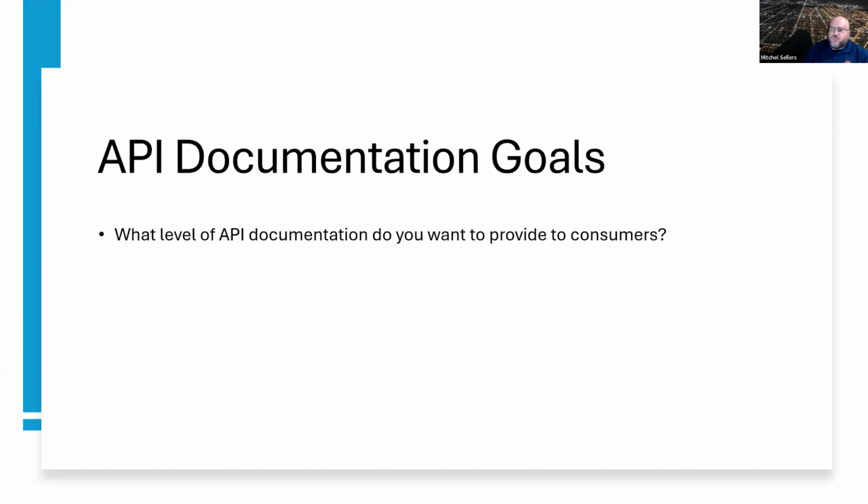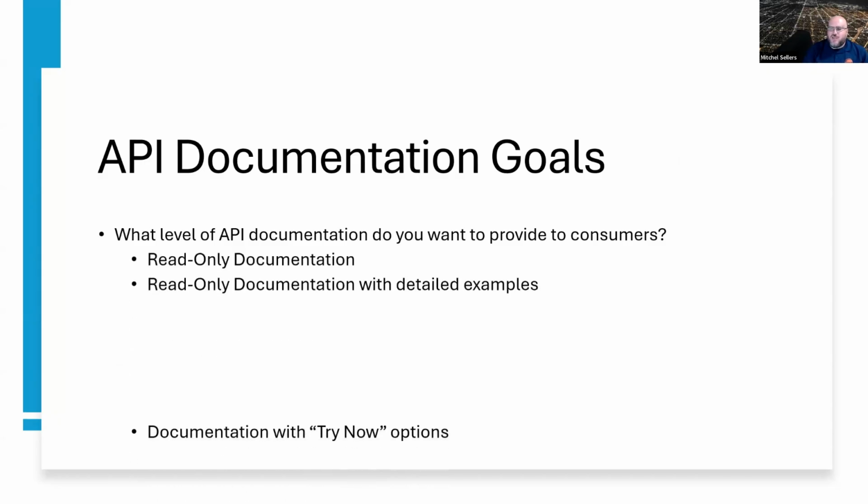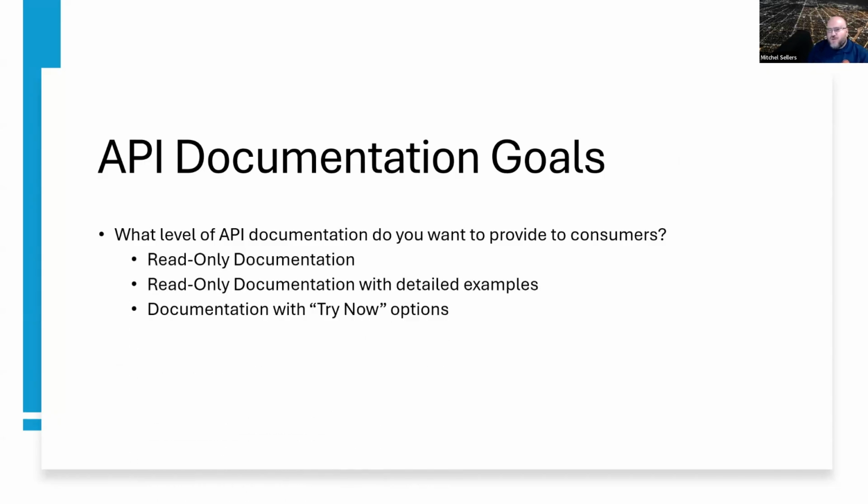So what are we trying to do? When we look at our API documentation, it's really important for us to understand exactly what we're trying to do. And when we look at the tools that are available, and we're going to talk about two of them this evening, there's really kind of three overall ways that you could look at documentation. It's read-only documentation. We just want to show people, hey, make a get to this.